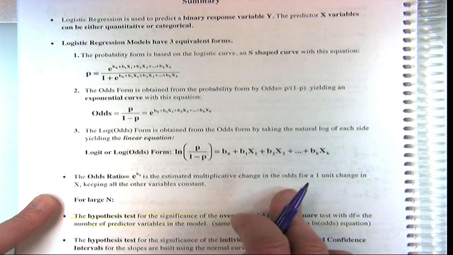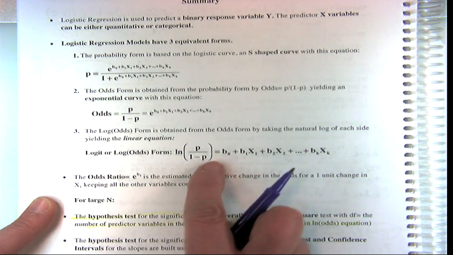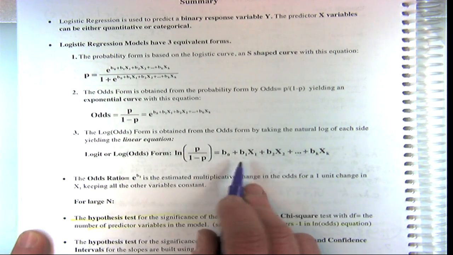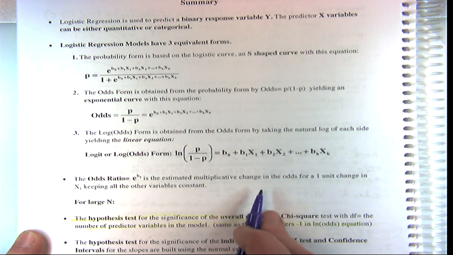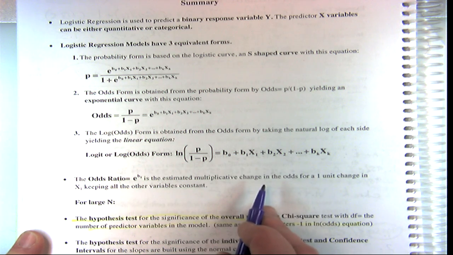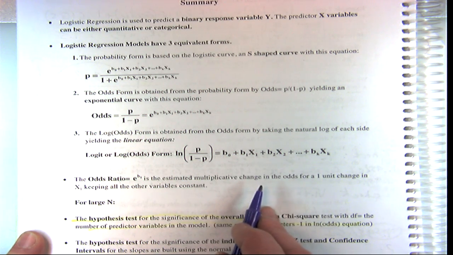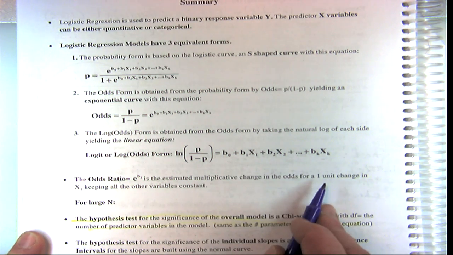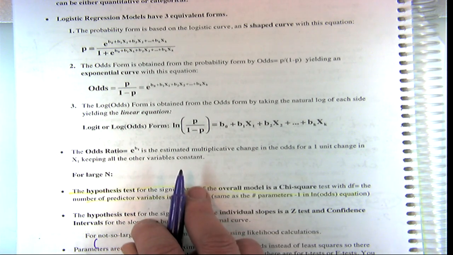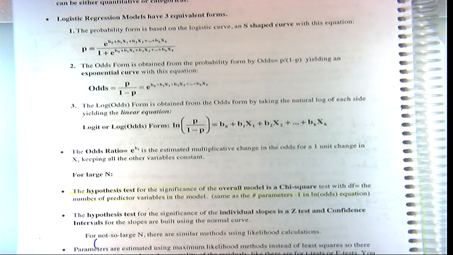Now, this is in the log odds, and the odds ratio is e to these slopes. And that's a very useful, more intuitive interpretation of these slopes. It says the change in odds for 1 unit change in x, if you keep all the other x variables the same.